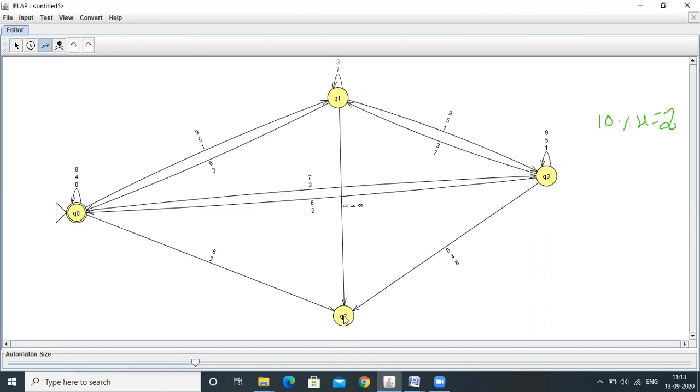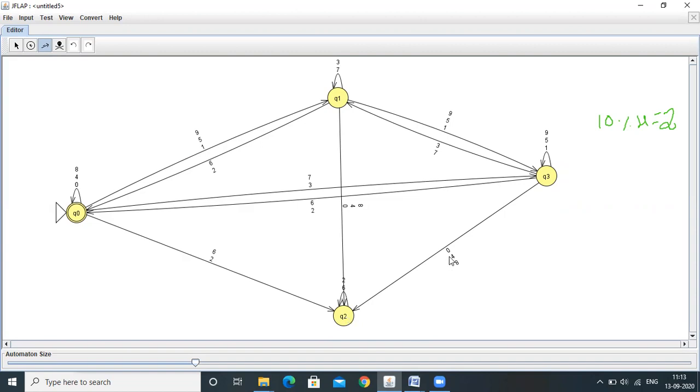Now we will define transitions on Q2. First, Q2 on 6: already 2 is there, so 26. 26 modulo 4, remainder is 2. So Q2 on 6 and Q2 on 2 reside within the same state.